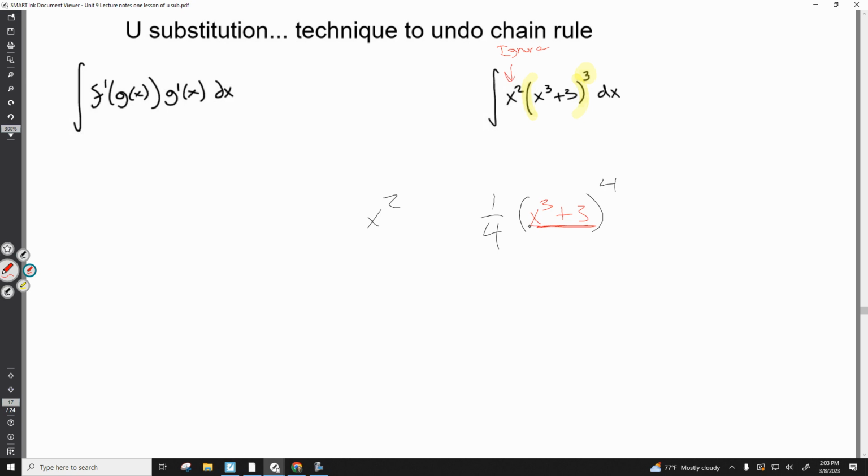Tell your neighbors. It's not just a number. It's a number times an amount of x's in this case. The derivative of x cubed plus 3 is 3x squared. How would we undo that 3x squared that's going to show up? Well, we multiplied by 1 over the constant before. Why don't we multiply by 1 over the derivative?